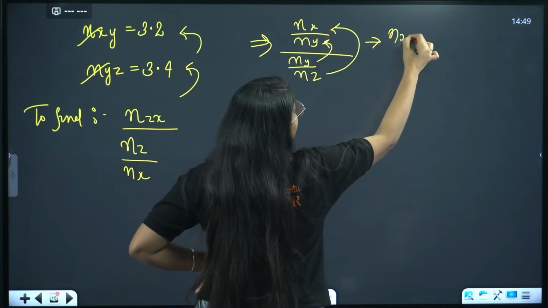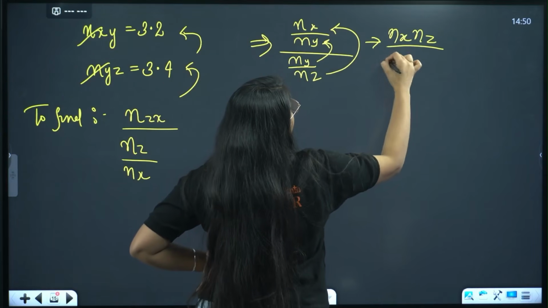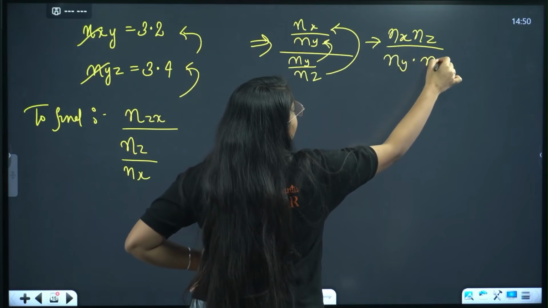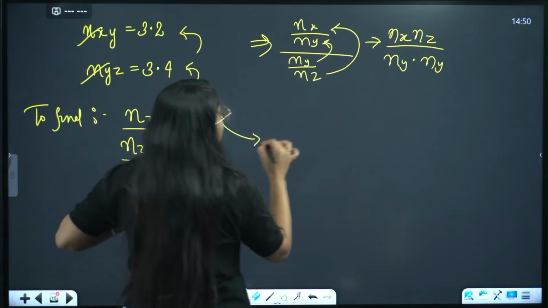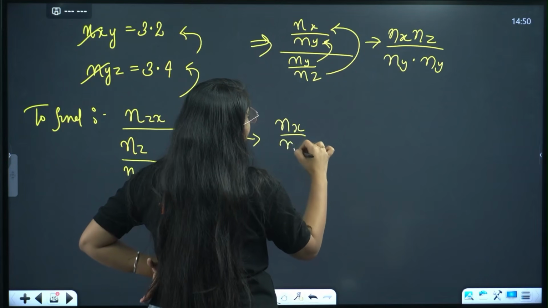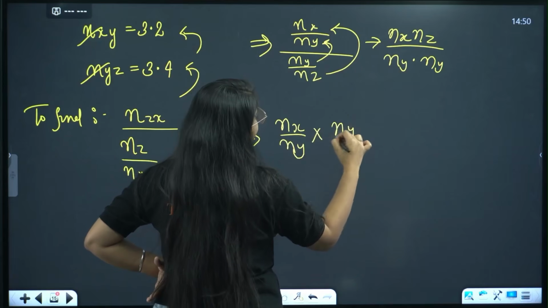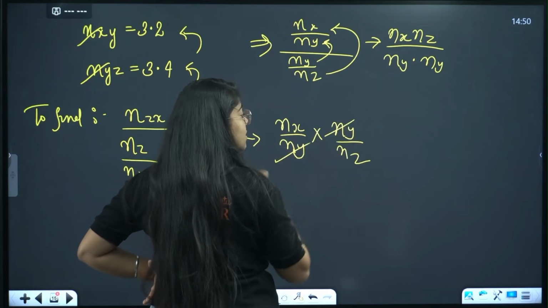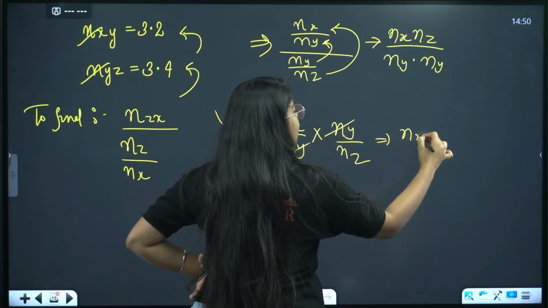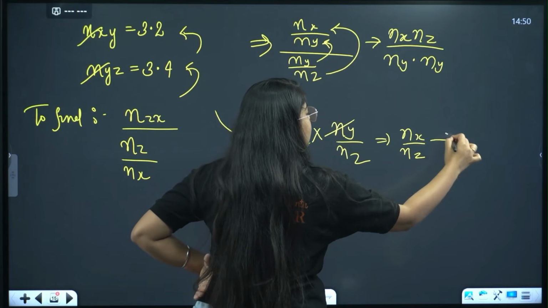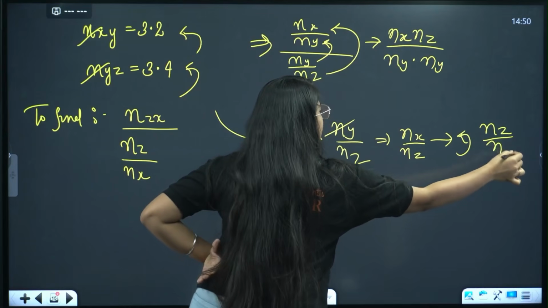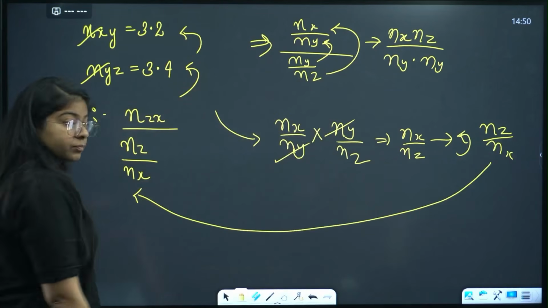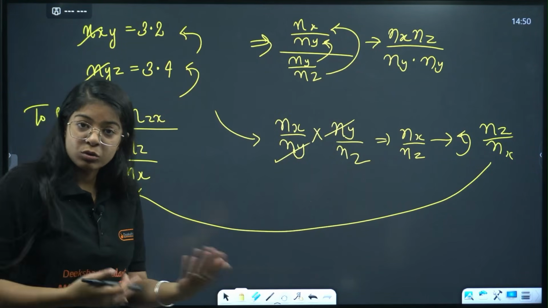So that means nX into nZ divided by nY into nY. This doesn't make any sense, right? Let's multiply them. If we multiply them, nX by nY into nY divided by nZ, so this cancels out. This becomes nX by nZ, and then if I inverse them, this becomes nZ divided by nX, and that is what I want. Understood how we go through the question?